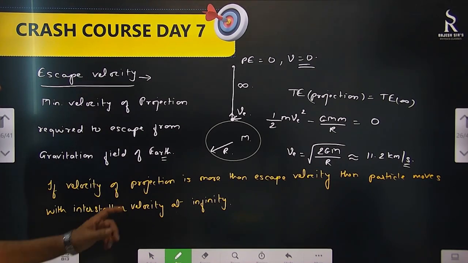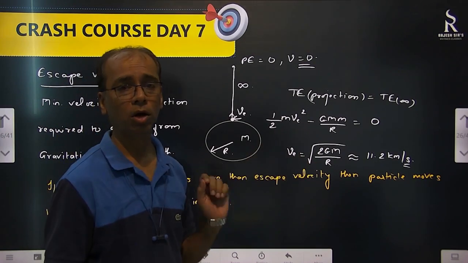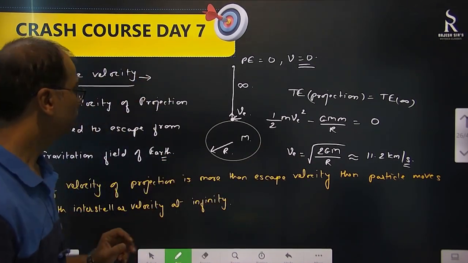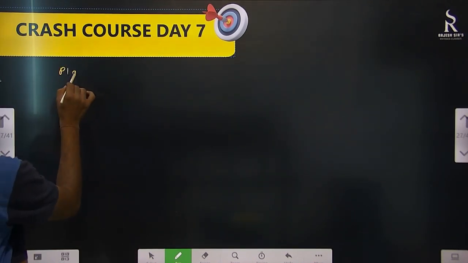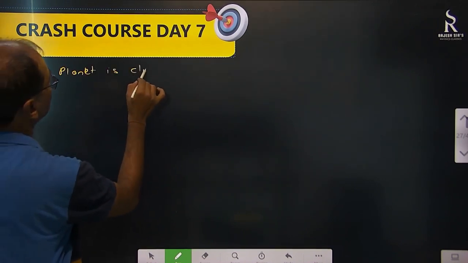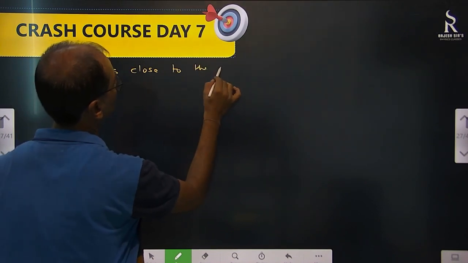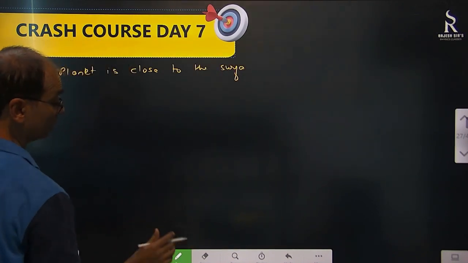Right. And what is the relation between escape velocity and orbital velocity? Orbital velocity is root GM by r. But if the satellite is close to the surface of Earth, normally which satellite will be close?